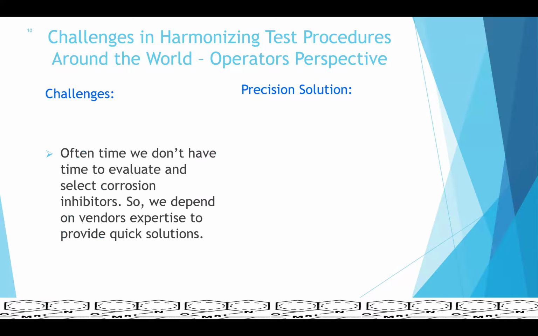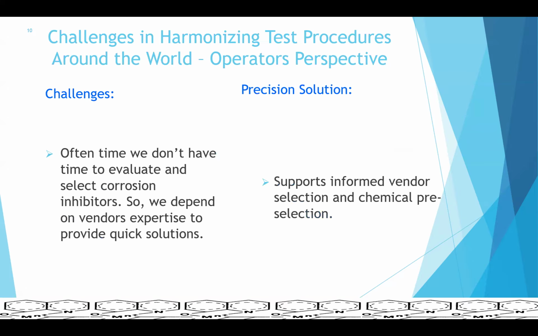The second challenge for the operators: hey, I don't have much time to evaluate and select corrosion inhibitors. We are busy with so many other things. So we normally depend on vendors' expertise to provide quick solutions when we need to select a chemical. Good practice. But the precision statement helps support informed vendor selection.